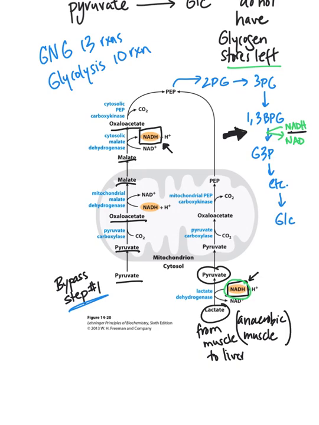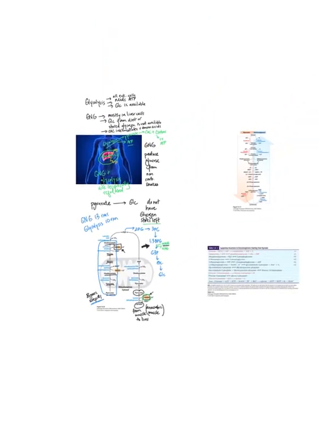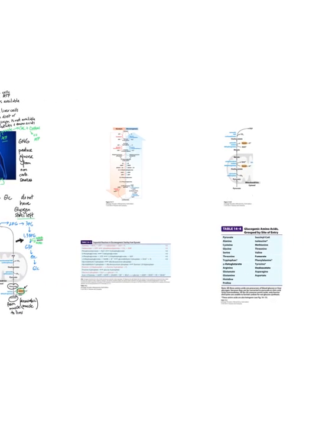Bypass step 1 has 3 reactions in it, and we're looking at bypass step 1 here. So I think that covers a lot of the common questions that were asked on the index cards.